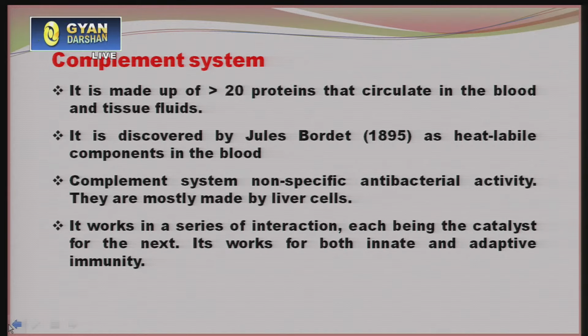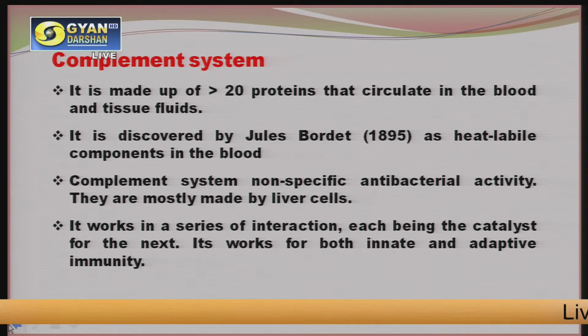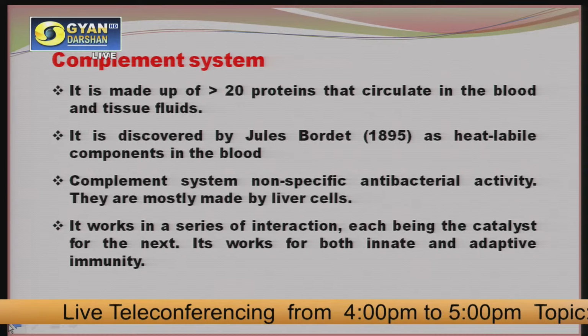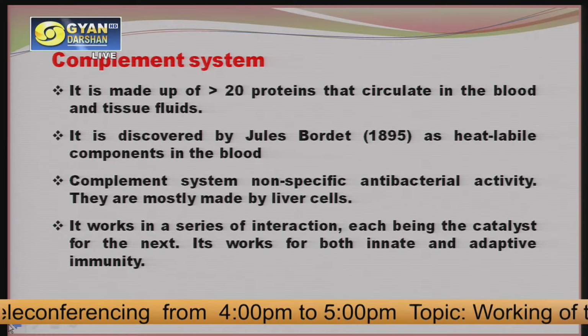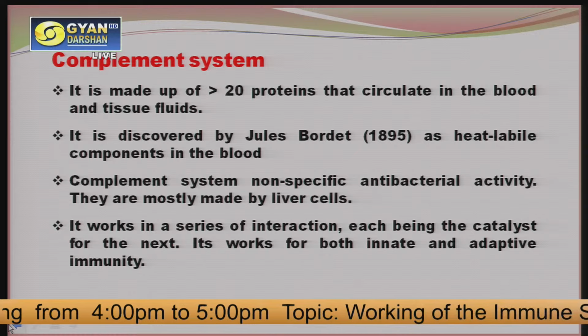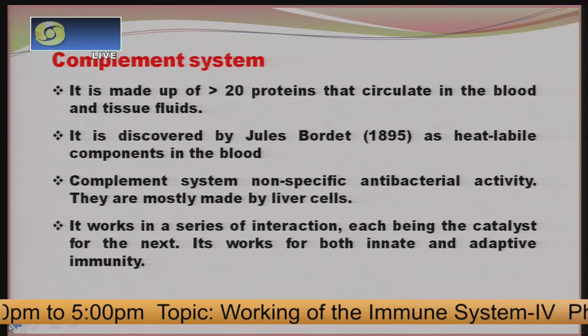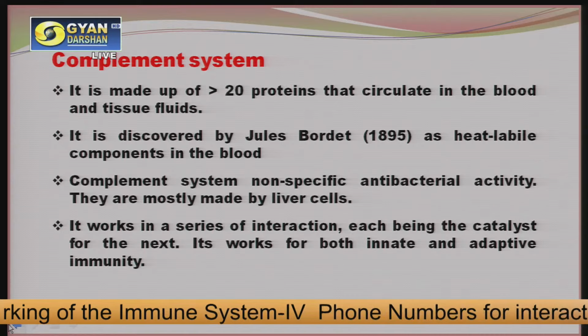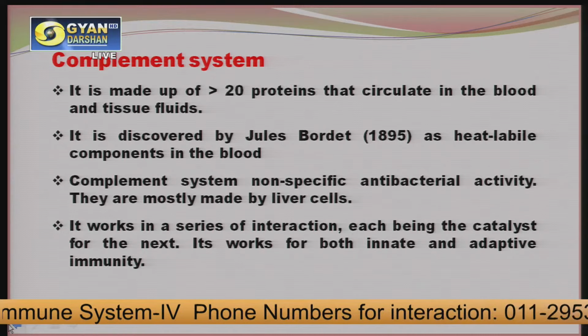The complement system has non-specific antibacterial activity, and its proteins are mostly made by liver cells. So in the liver cells, more than 20 proteins are formed. They circulate in the body and tissue fluid, and they can recognize particular pathogens, particular bacterial cells.